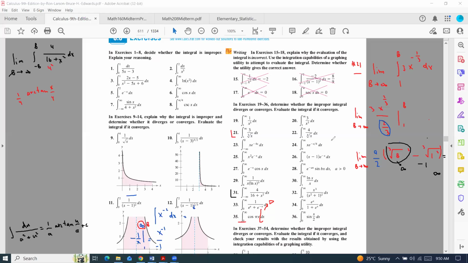And just to end this story, because we need to do definite integral from minus b to b. So now I need to use, I think, one little fact about function arctangent being odd.